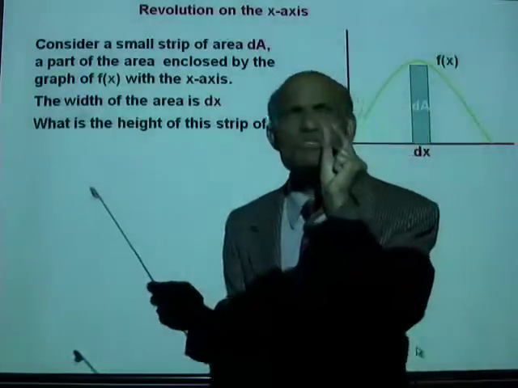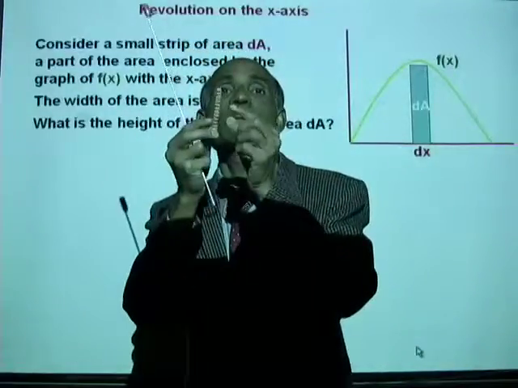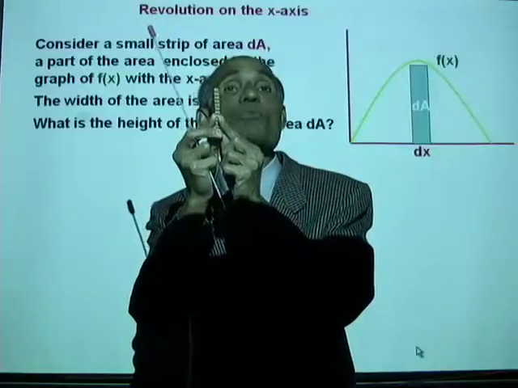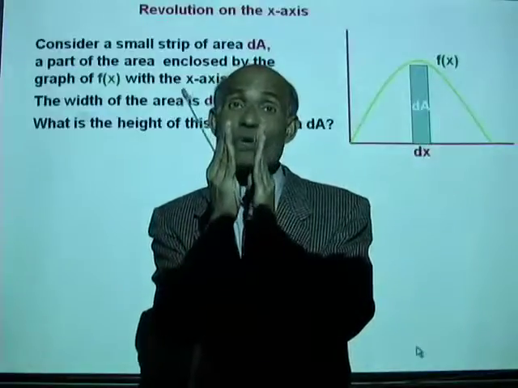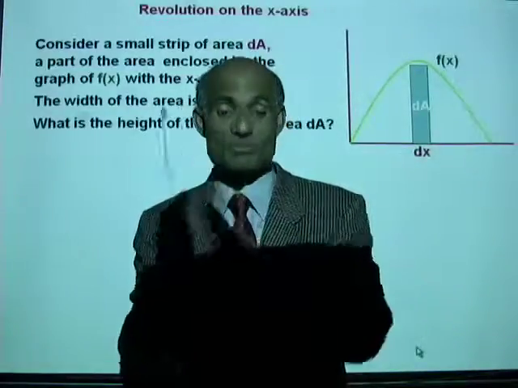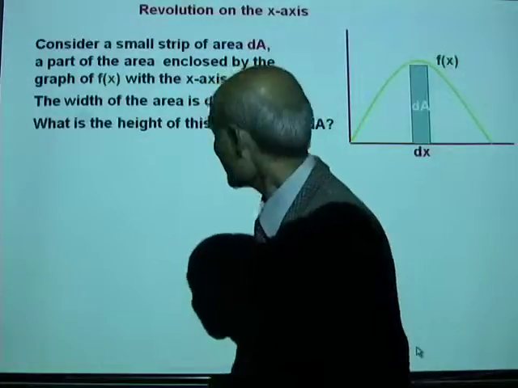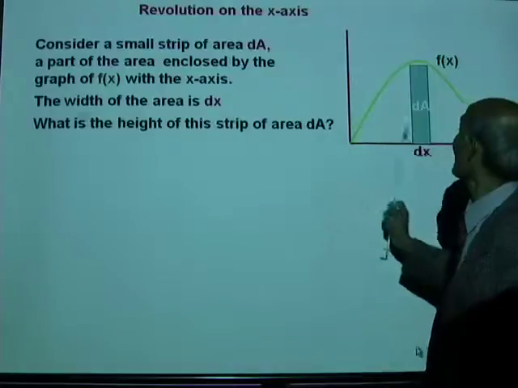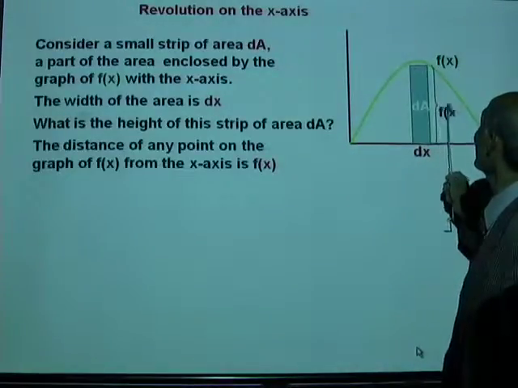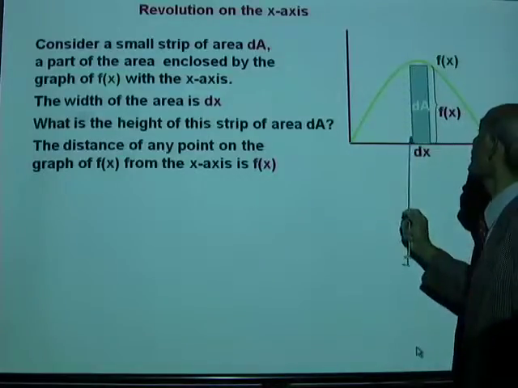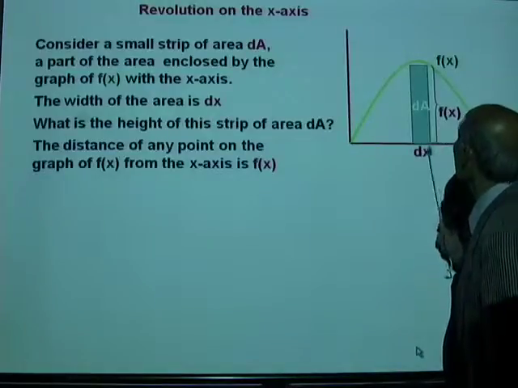But because the strip is so narrow, you can imagine that the length on the left and the length on the right are the same. That's the approximation that we take. But the approximation will be good because the width of the strip is very, very small, like a hair. All right. So the height of the strip will be f of x. That's right. Now tell me, what is f of x multiplied by dx?